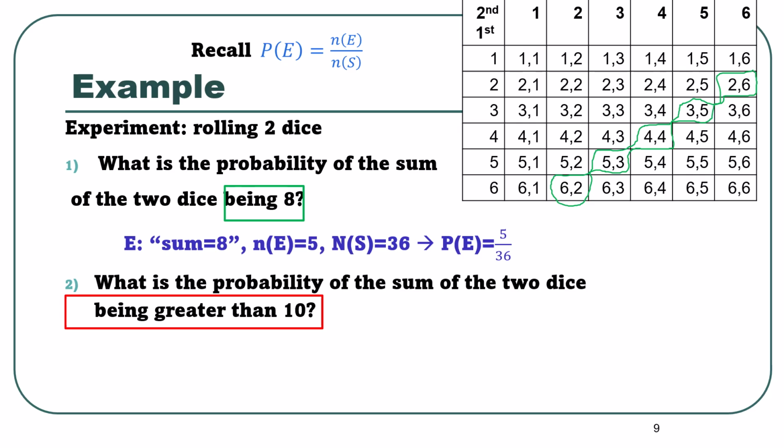Obviously 6 and 6, 5 and 6, 5 on my first die and 6 on the second, and 6 and 5. So only these 3 outcomes have a sum greater than 10, so it's 3 out of 36. And 3 out of 36 is not the reduced fraction, so I can report 1 over 12.